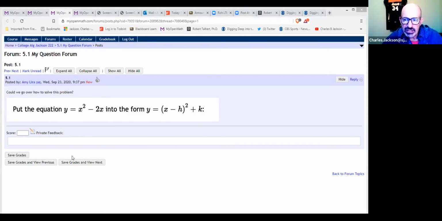Well, this is that same old process of completing the square. You might remember about completing the square when we just had one variable, we didn't have x and y, we just had x.